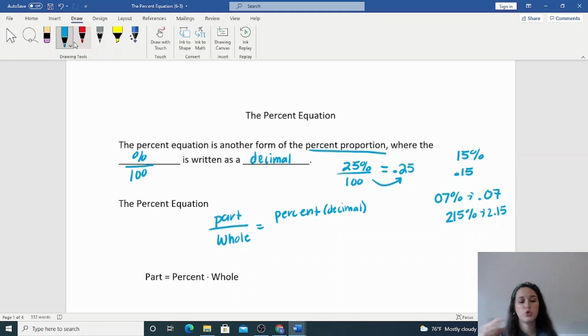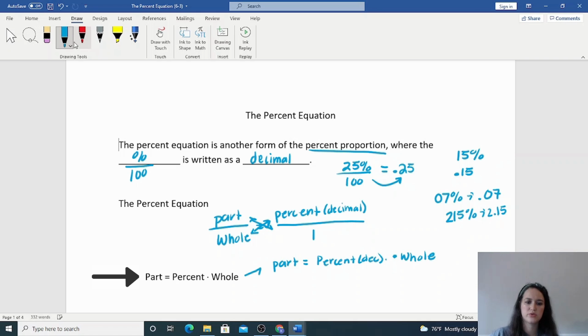I'm going to do my cross product, so I'm going to put this over 1 and multiply my diagonals. That's going to be the part equals my percent as a decimal times my whole, which is what I have typed out right beside it. Okay, so those are the equal statements, and we can rearrange this equation to figure it out.